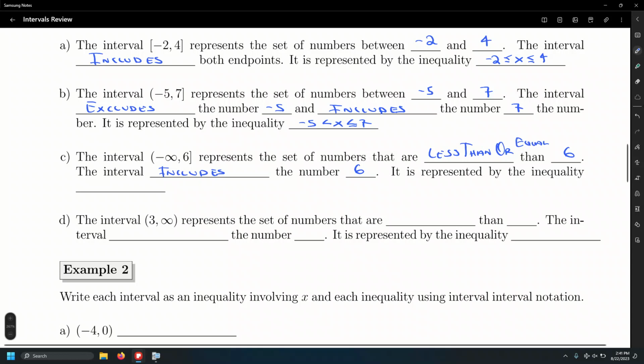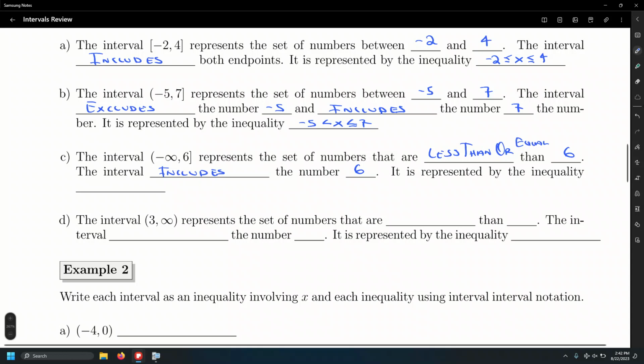So here, since we have an upper bound, that is, we have a maximum value of 6, we're looking at all of the numbers that are, the question is, to the right or to the left of 6?